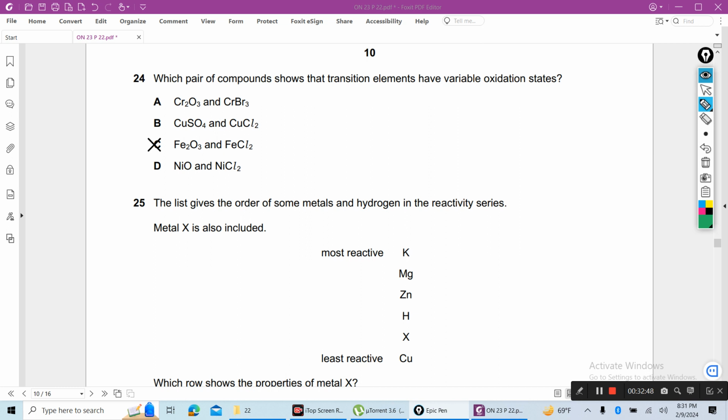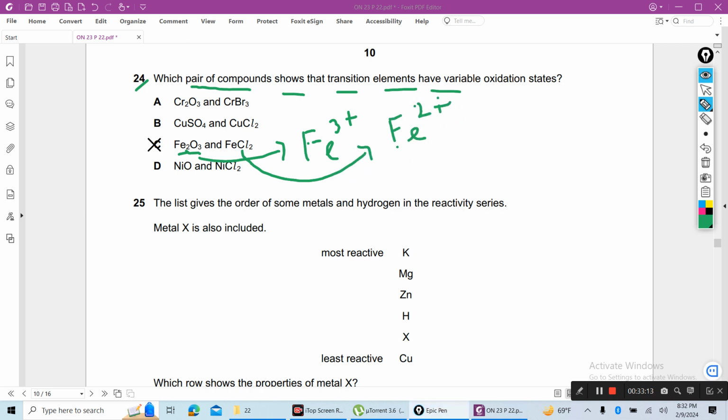Next, 24. Which pair of compounds shows that transition elements have variable oxidation state? Here you see iron(III) oxide, where iron is 3 plus, and iron(II) chloride, here Fe2 plus.